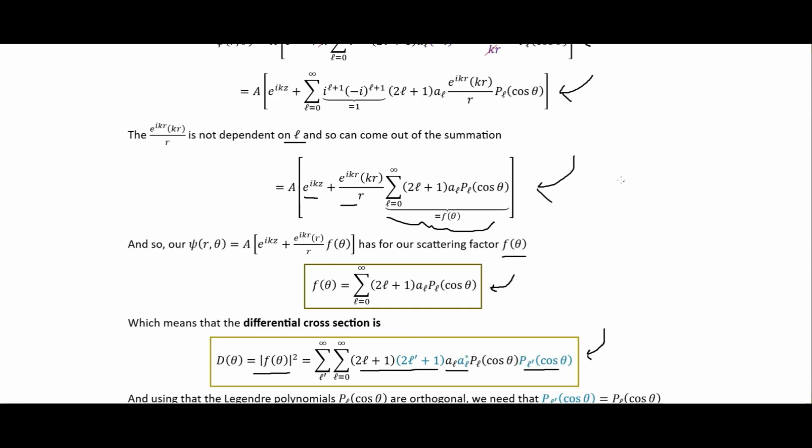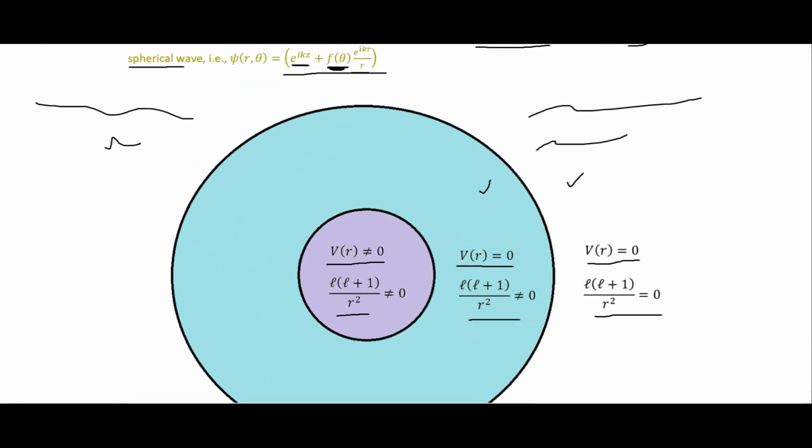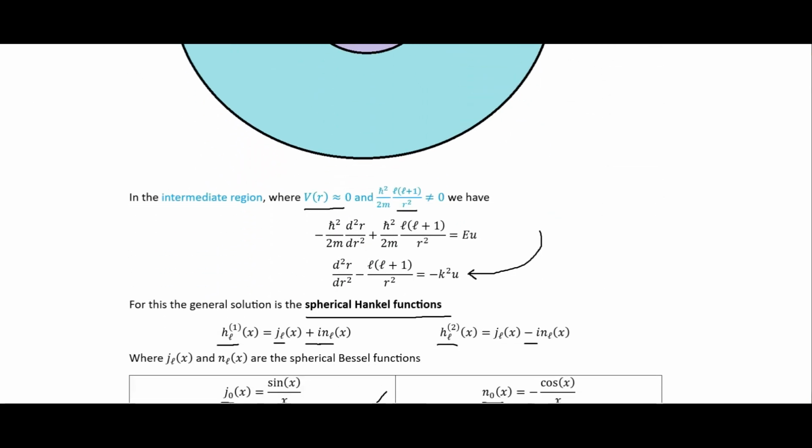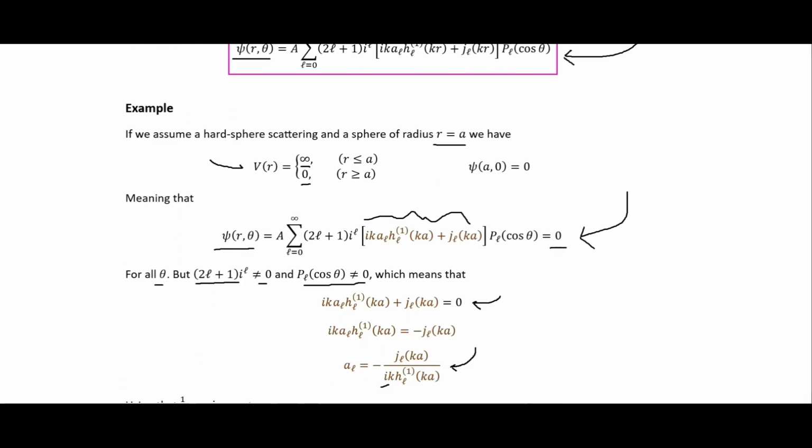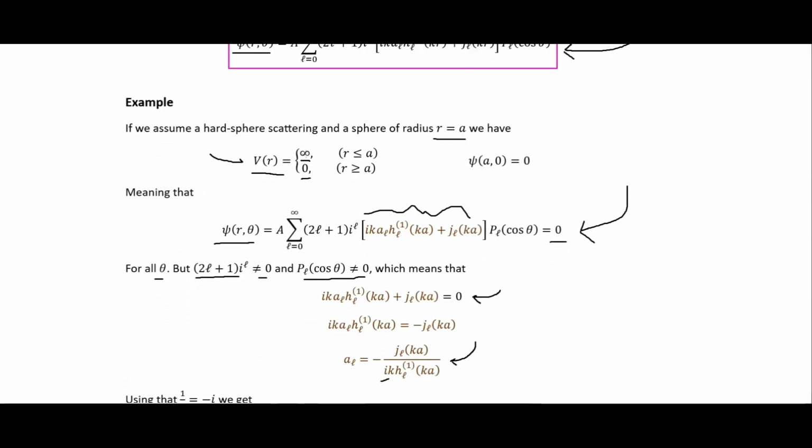And so we ended up getting this right here, which had this summation as our scattering factor right there. And so that gives us the solution for the intermediate region and the external region. And then we said that the internal region is going to depend on what we define our potential to be. And so then we looked at an example of the potential being something like this, where it's infinite within the potential and then 0 everywhere else.